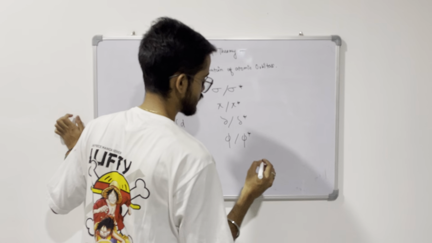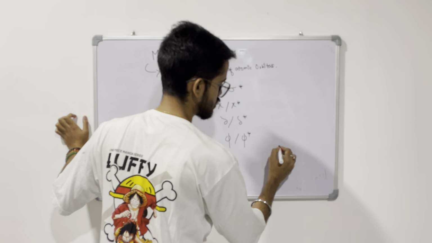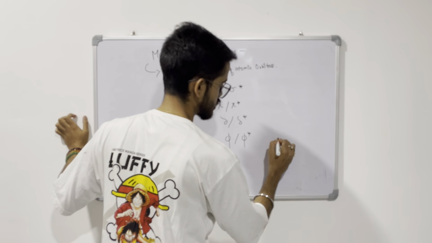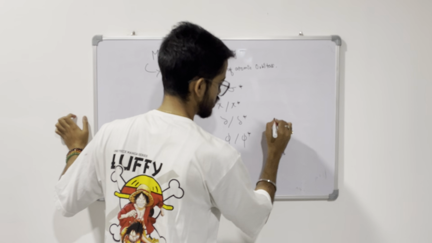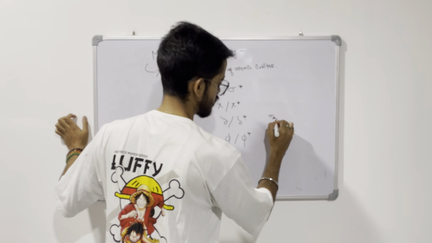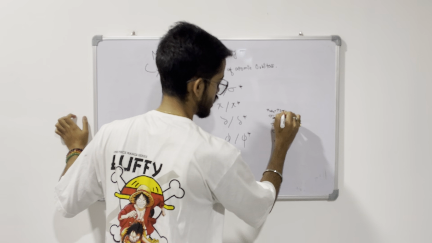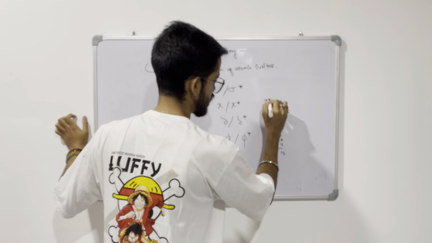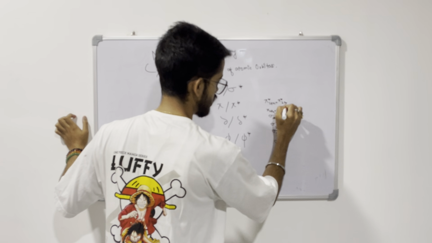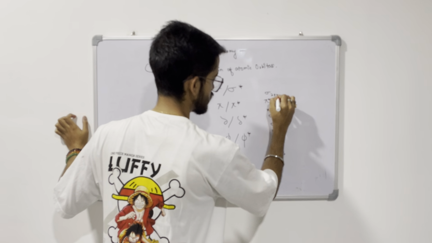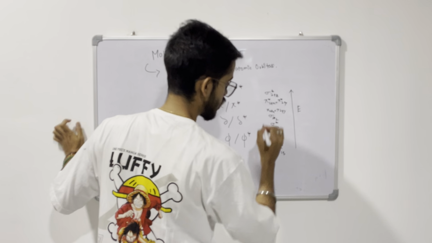So the general trend for this is sigma 1s, sigma star 1s, sigma 2s, sigma star 2s, sigma 2pz, pi 2px equal to pi 2py, equal to pi star 2px equal to pi star 2py, sigma 2pz star. So this is the actual trend of energy of atomic orbitals.